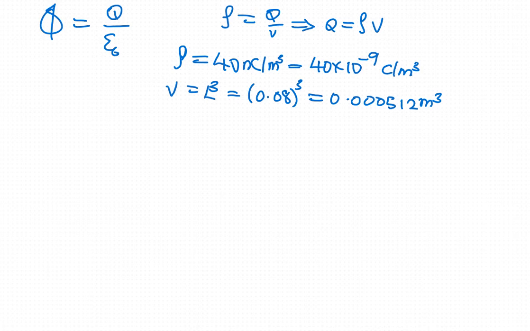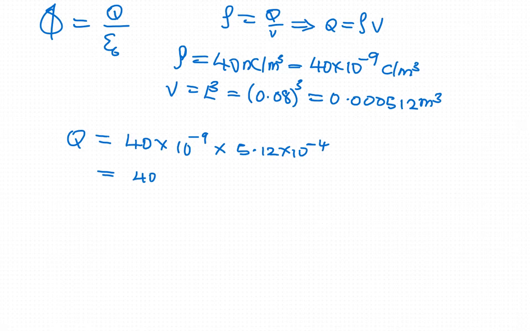So Q is equal to rho V, which is 40 multiplied by 10 to the power minus 9 multiplied by, let's convert this to standard form as well, 5.12 times 10 to the power minus 4. This is equal to 40 multiplied by 5.12 times 10 to the power minus 9 minus 4.